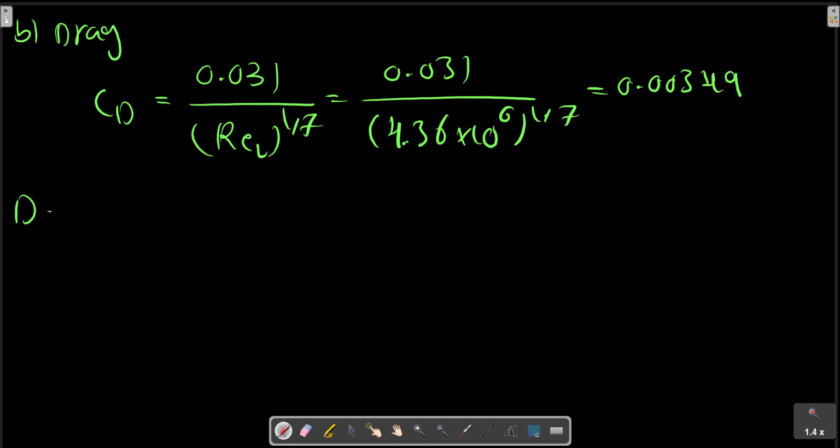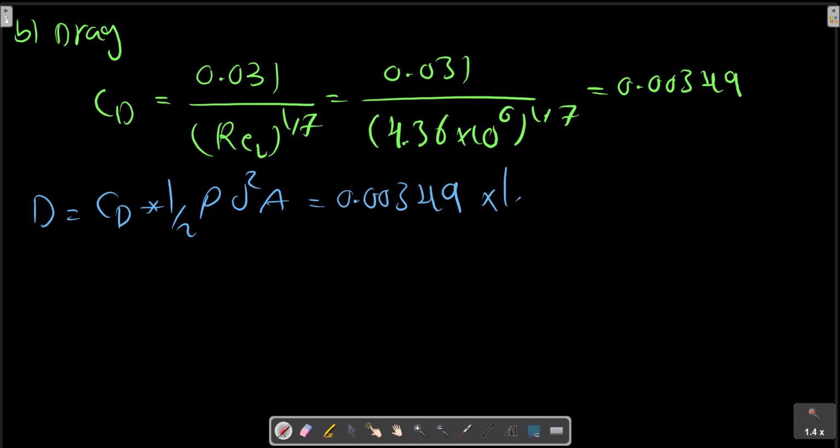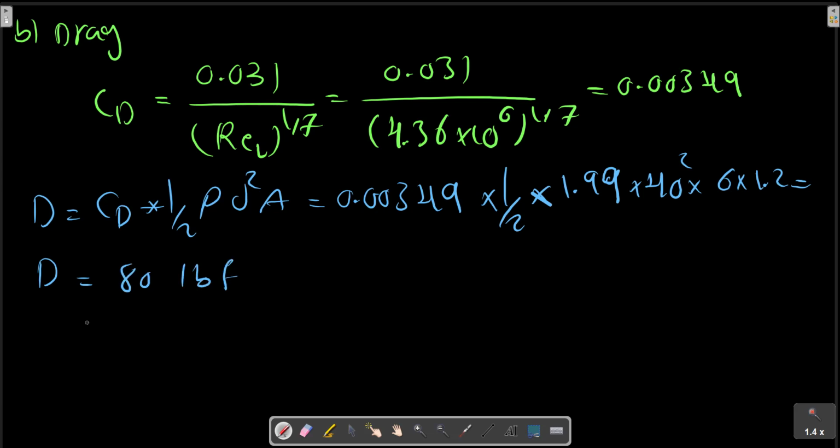The drag force is CD multiplied to, let me write, rho U squared A. We have density, velocity, and A equals L multiplied to B. The drag force can be calculated and is 80 pound force.